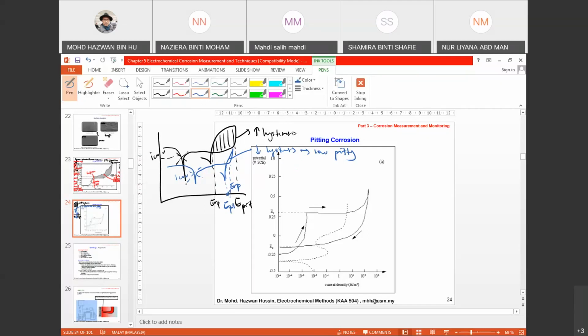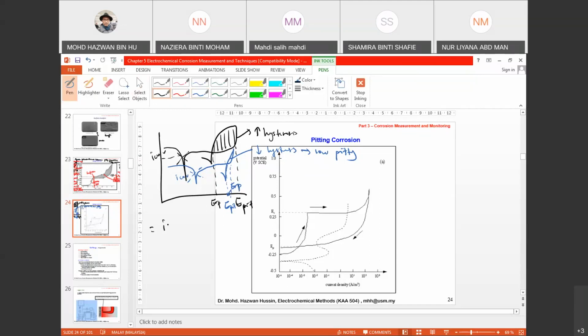Okay, so you can discuss. I mean, you can see that I corr of no CI is higher. Okay, and then what else? You can also observe more hysteresis for without inhibitor.